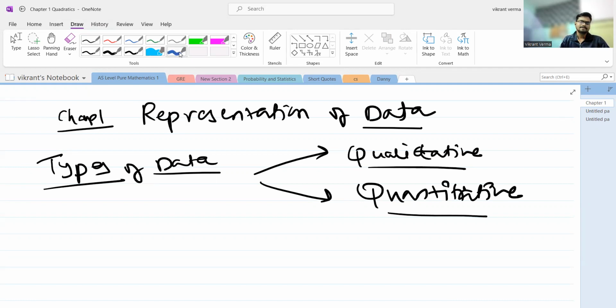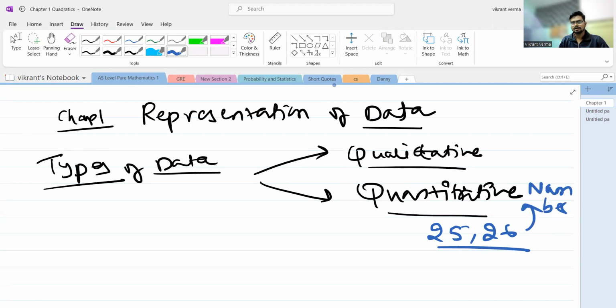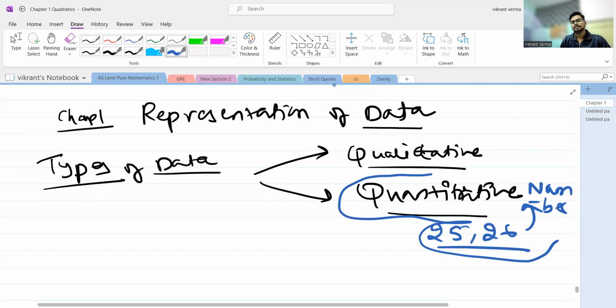For example, if we collect the marks of the students in a given class, that will be of numerical type. The mark can be 25, 26, like this, so it will be a number. All these numbers or numerical values come under quantitative data.